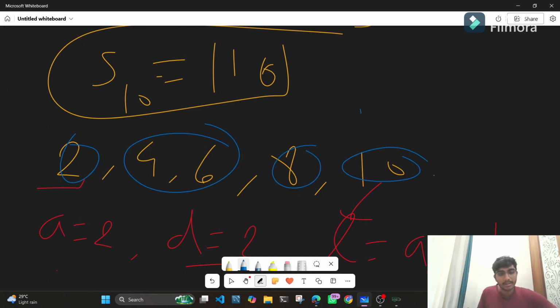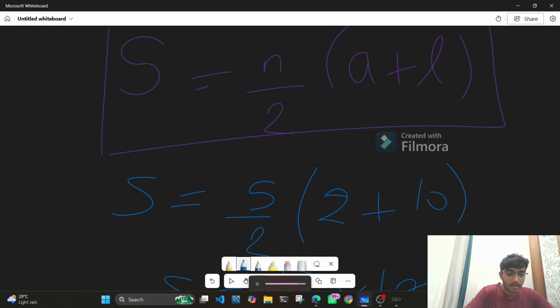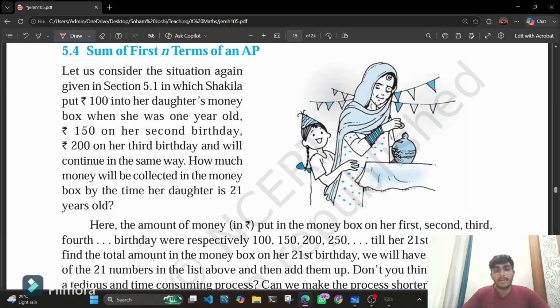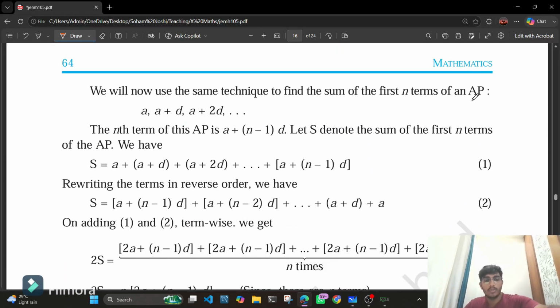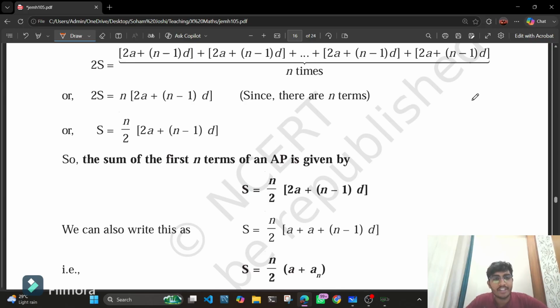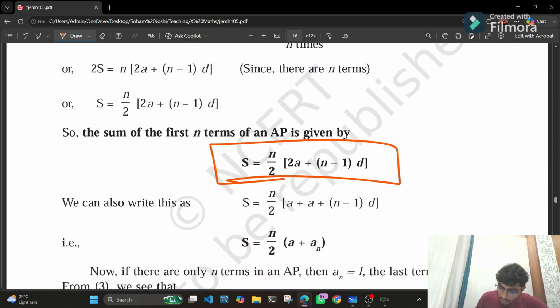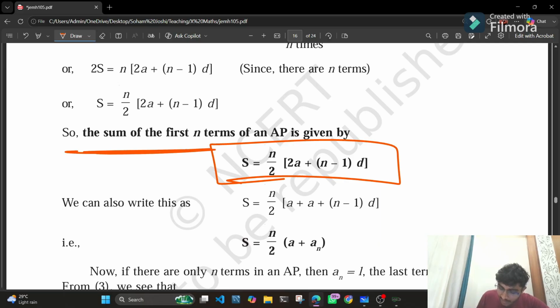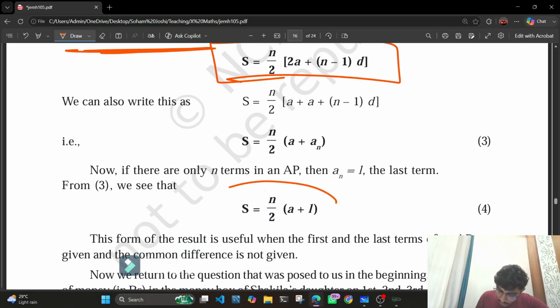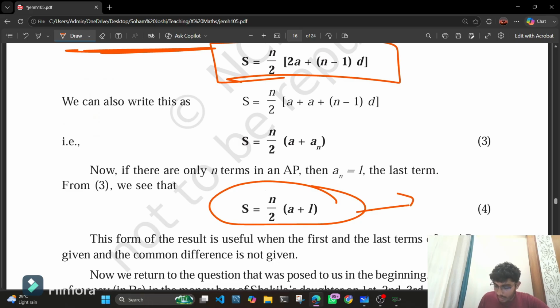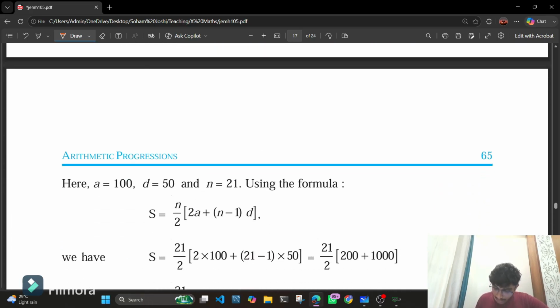So 10 plus 10 plus 10 is equal to 30. I hope that is clear. Okay, cool. In the textbook, we are given the derivation. You can read it on your own and understand it. This is the formula for the sum of the first n terms of an AP, and this is the formula if we are given the last term. I hope that is clear.